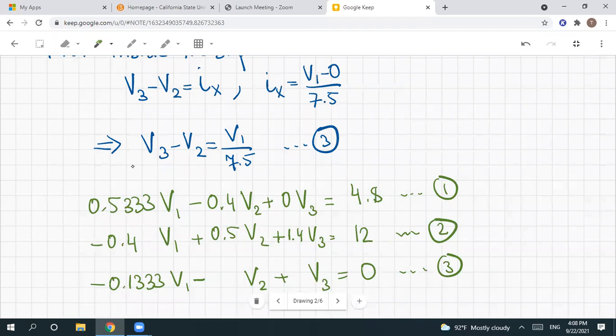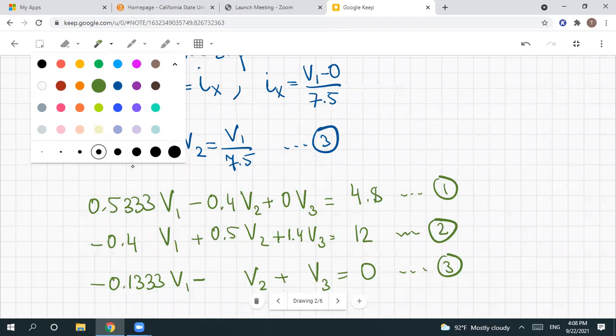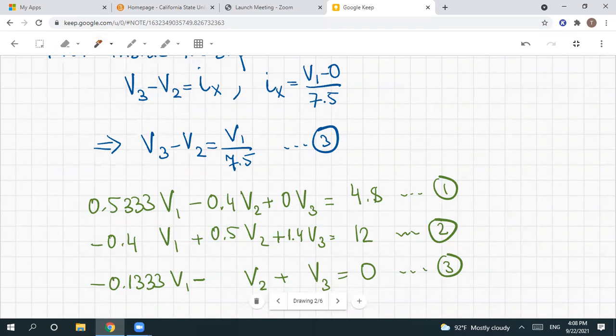So if you use any method to solve them, we will find that V1 is equal to, let me see, 15 volts. And V2 is equal to 8 volts.